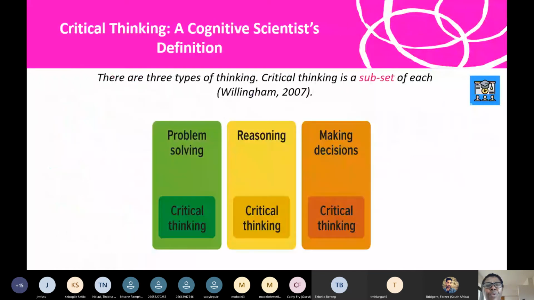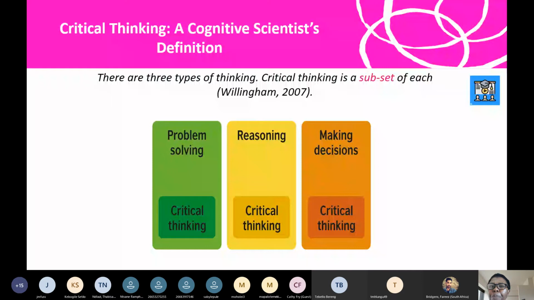And then whenever you think about problem solving, you can see that critical thinking is a subset of problem solving. For you to be able to solve the problems, you must be a critical thinker. For you to be able to reason, you must think critically. For you to be able to make decisions, you must think critically.